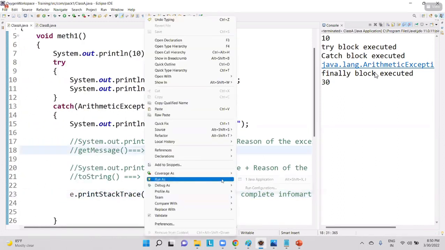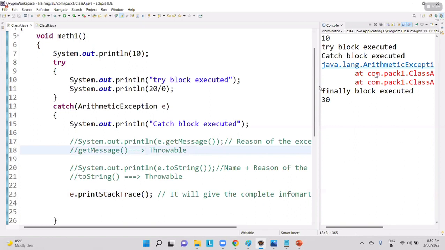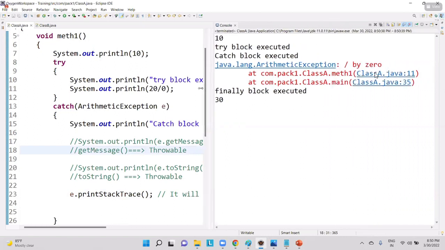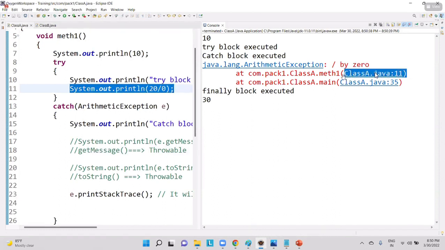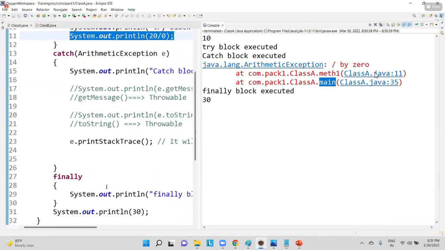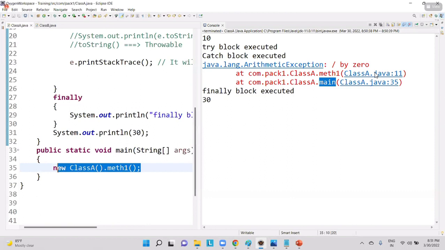Right click, run as Java application. What is the name of the exception, guys? Name of the exception, reason of the exception, at which line the exception occurred, in which method that exception occurred. You are calling that method from which method, and that calling method's line number also.